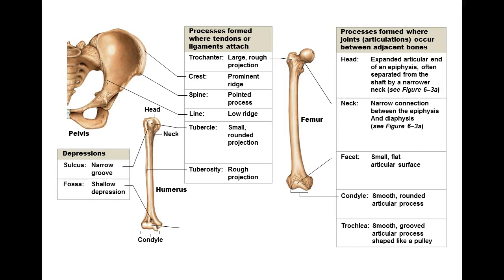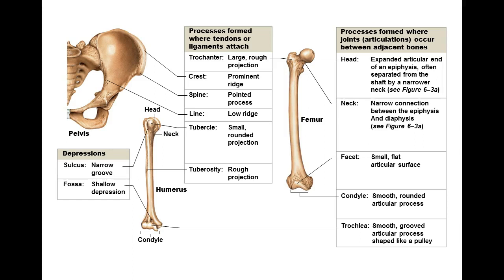It can be attached, but it also can lie in there in a sulcus or a fossa. A fossa, generally we think of as a place where you're going to have a presence of a joint. Trochanters are large projections, and with a trochanter you think of a great degree of range of motion.